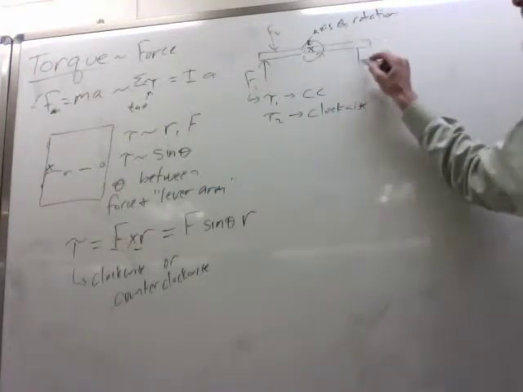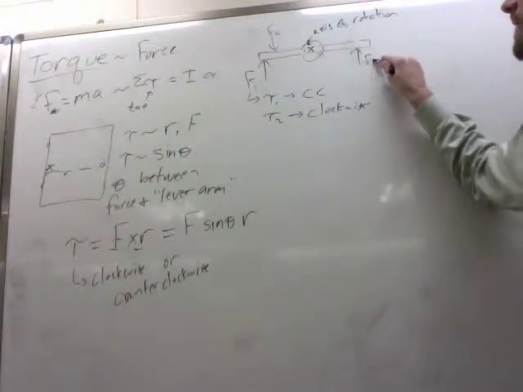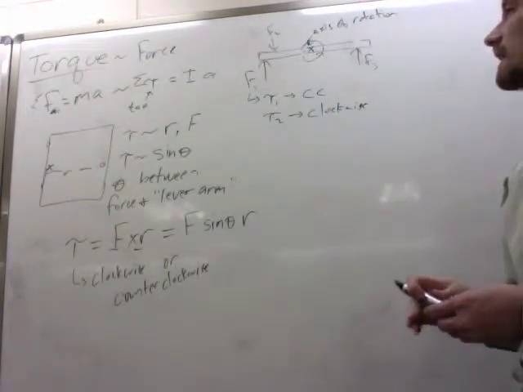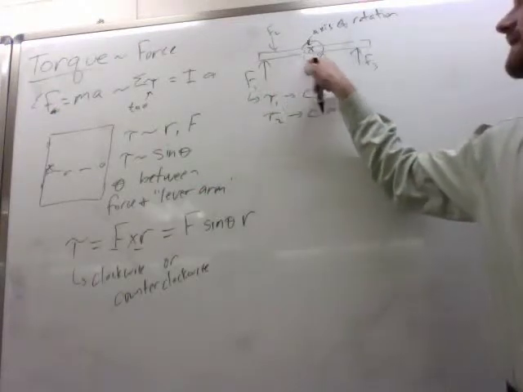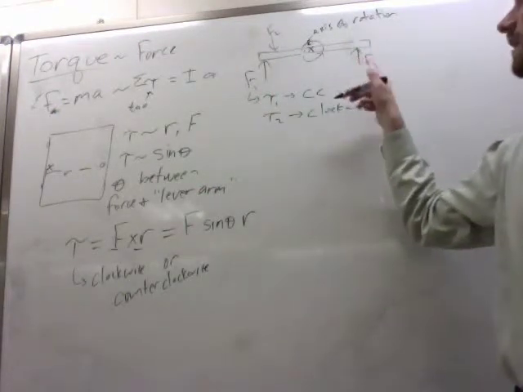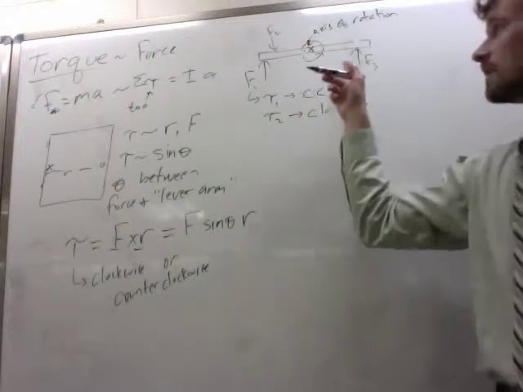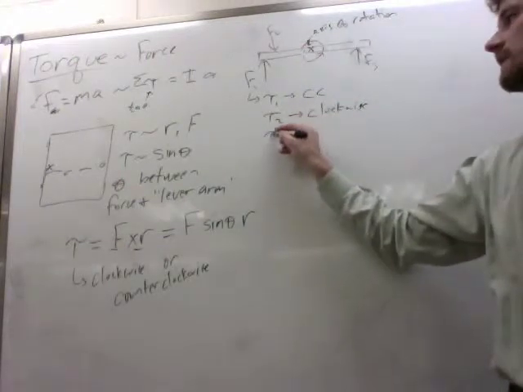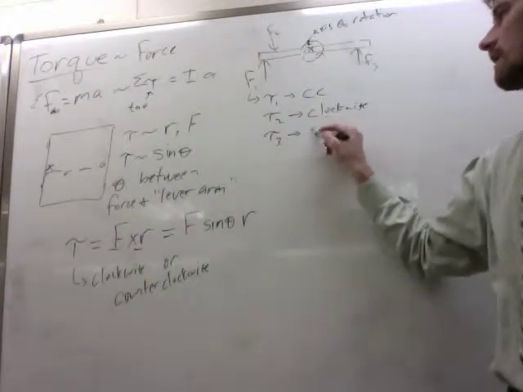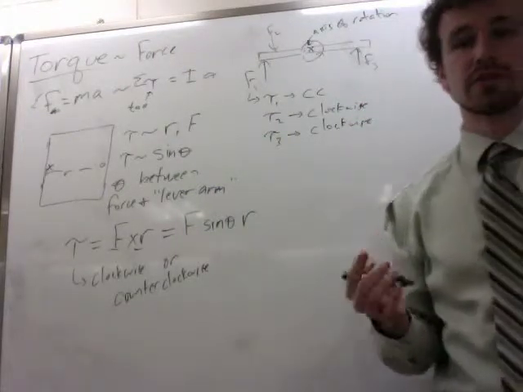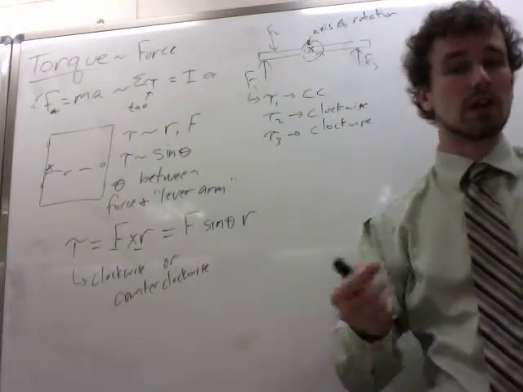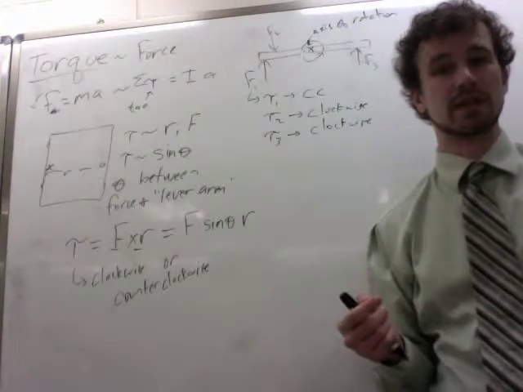Now, a force over here, F3, even though this force is pointing in the same direction as force 1, because it's on the other side of the pivot point, you can see it would cause the rod to spin in the opposite direction. That's also clockwise. So even though two forces point in the same direction, they can cause torques in the opposite direction.